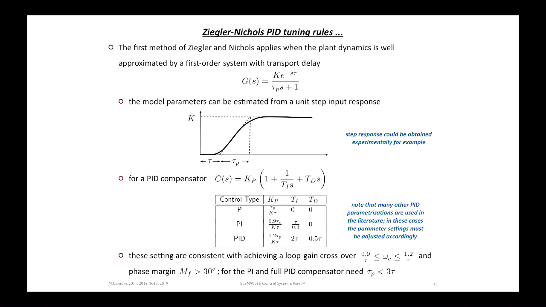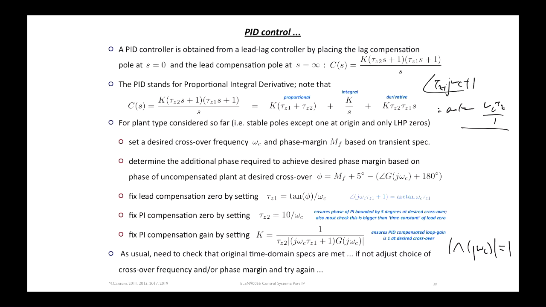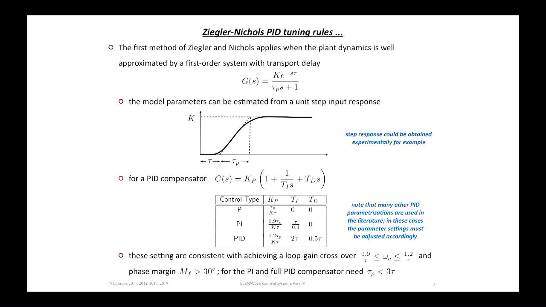You could go through this sort of process to choose these parameters, but the objective in this case is just to get the crossover frequency to be related to the delay, to make sure that the delay is not going to be introducing too much phase lag into the loop at the desired crossover frequency.